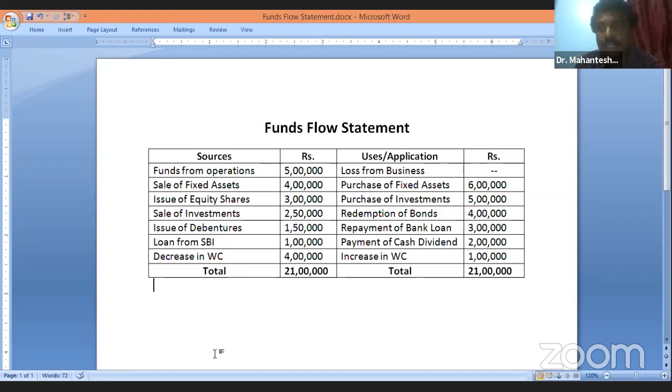Definitely it is going to be very helpful. This is a hypothetical funds flow statement I have prepared by taking some hypothetical figures. When I give an assignment to my MBA students, say there are 46 students in a class of accounts, I ask them to take 46 different companies listed on BSE or NSE, and based on two balance sheets, say for 2020 and 2019, they prepare a funds flow statement.